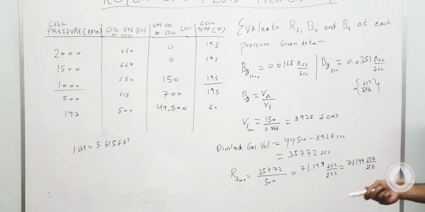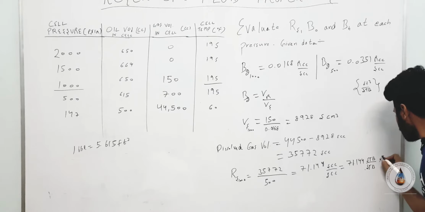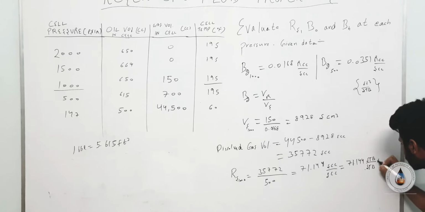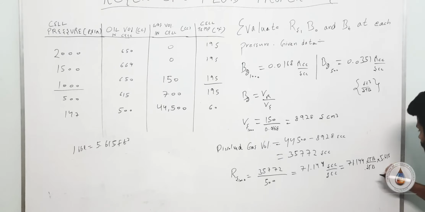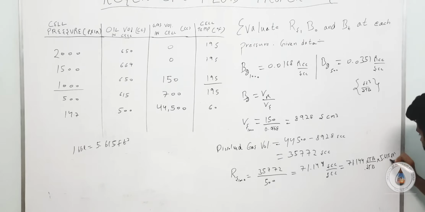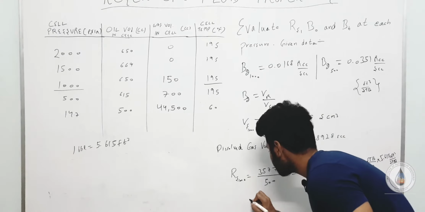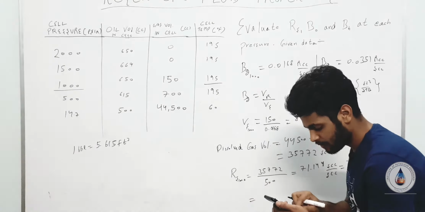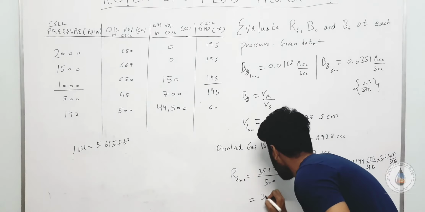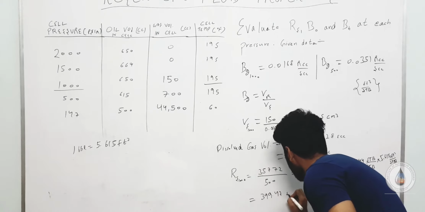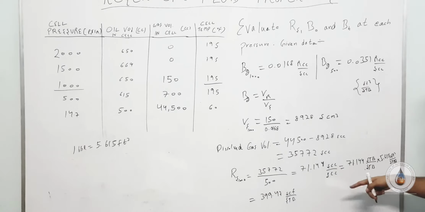One stock tank barrel is basically 5.615 feet cube upon STB. Okay, so STB gets cancelled, and my final value will be in standard feet cube upon STB. So Rs at my 1000 psia will come out to be 399.47 SCF upon STB.